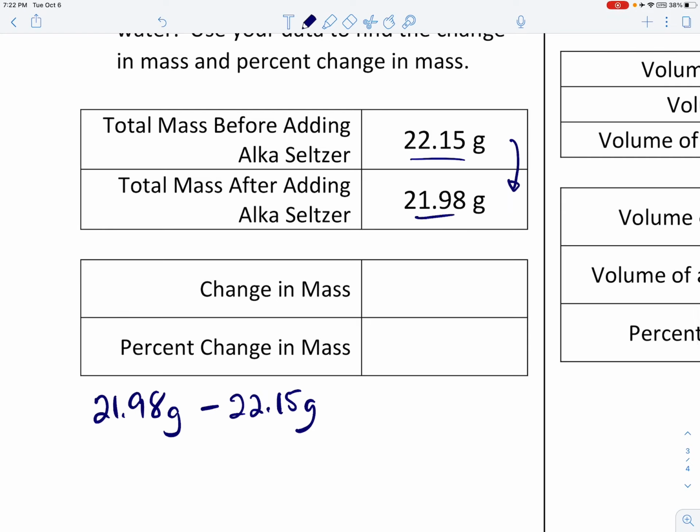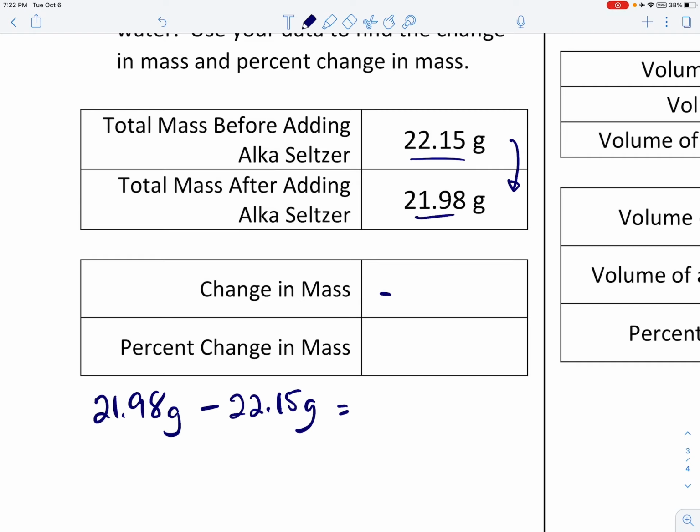Notice why we subtract in that order. The mass went down. It was 22 and now it's under 22. It dropped in mass. So because it dropped, the change in mass is going to be a negative answer. If the mass had gone up, the change in mass would be a positive answer when we subtract like this.